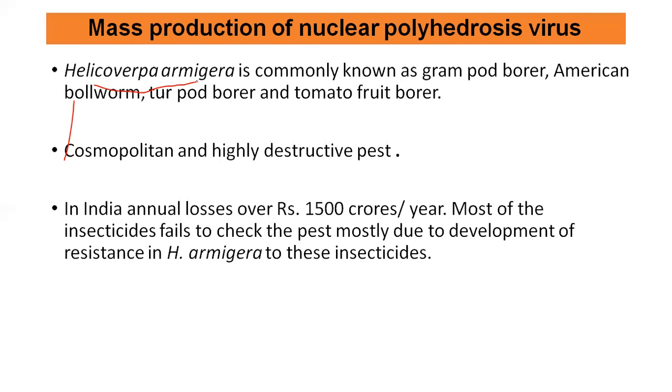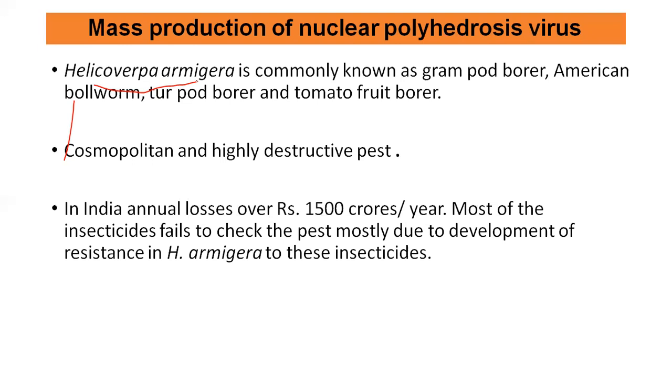It's not a joke. It's a very severe pest that causes more infestation than the ETL. Most insecticides fail to check or minimize the pest, or even control it. But if we consider the biopesticide HNPV, it gives the best result.